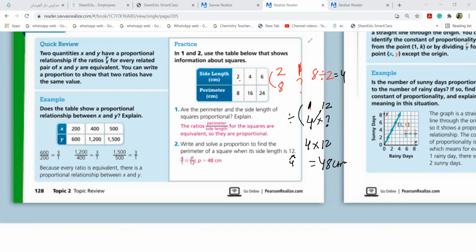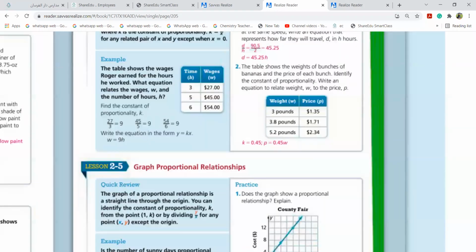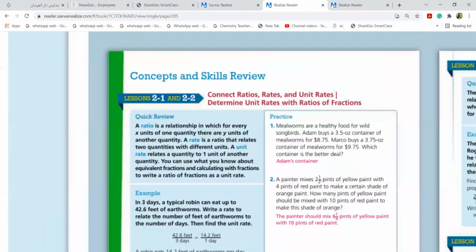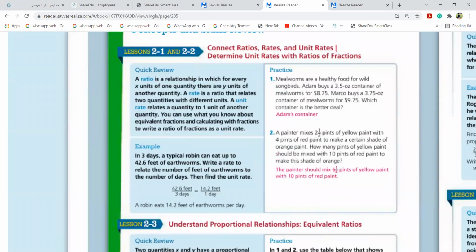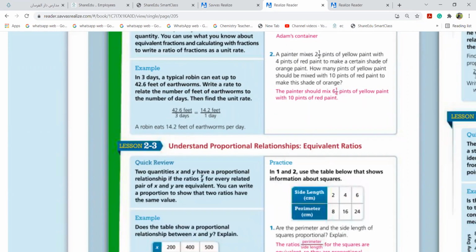Yeah. Okay, next page. So we have finished with 2.1 and 2.2. Sorry, 2.3 also. In 2.1 and 2.2, what did you learn? You learned that you always have to work with the unit rate. And in lesson 2.3, you have learned how to check whether it is proportional or not.